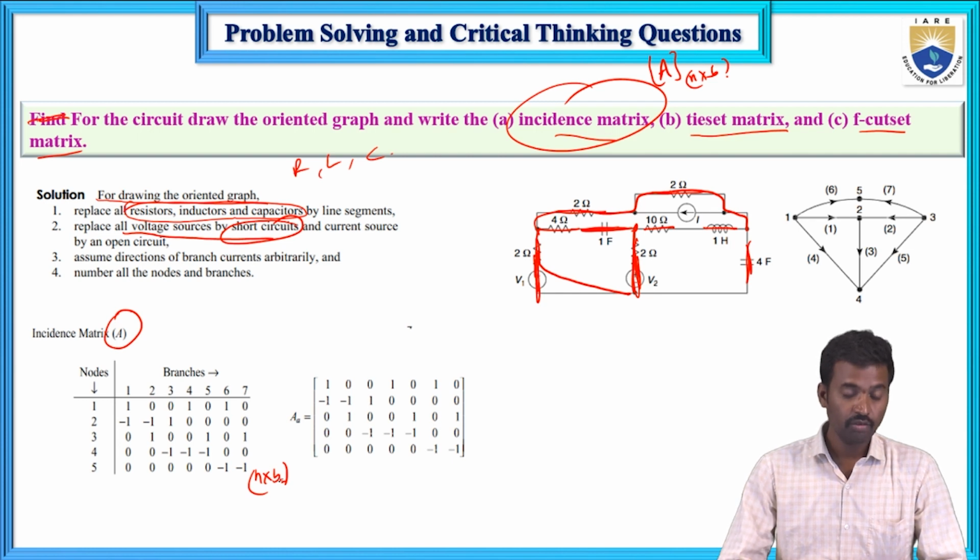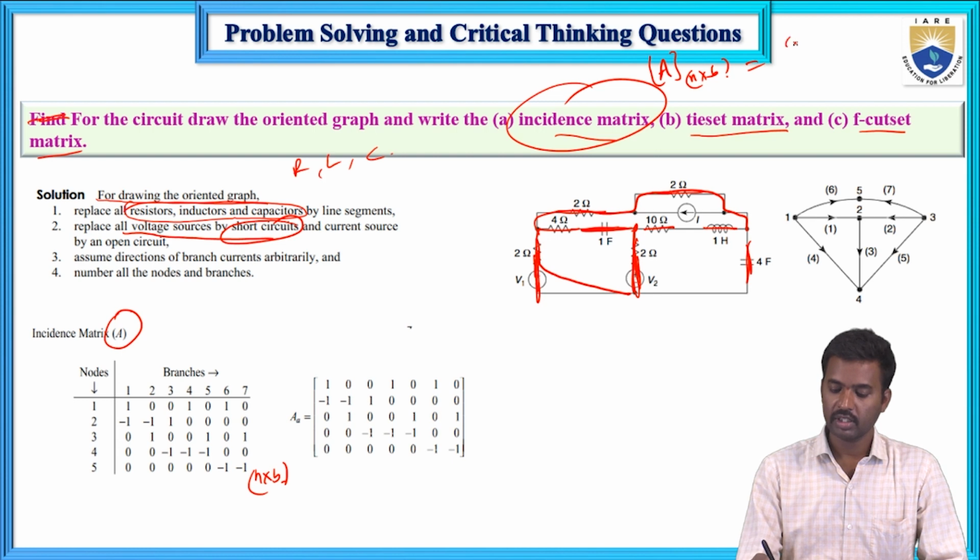Now the incident matrix elements are 0, 1 and minus 1.